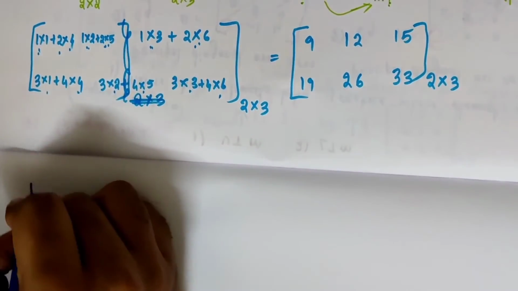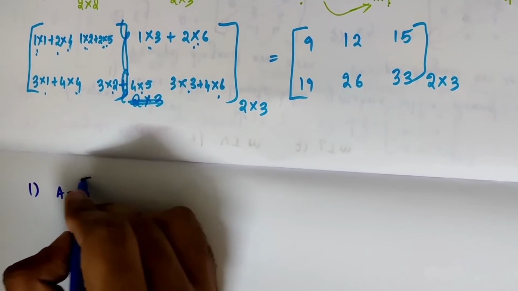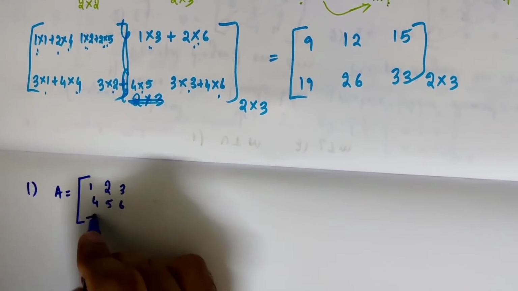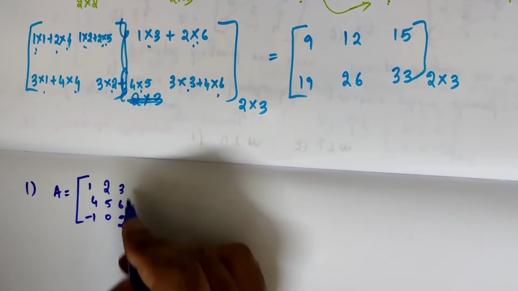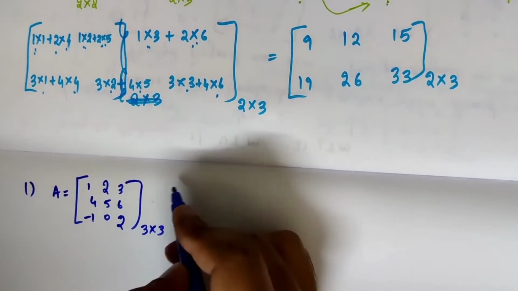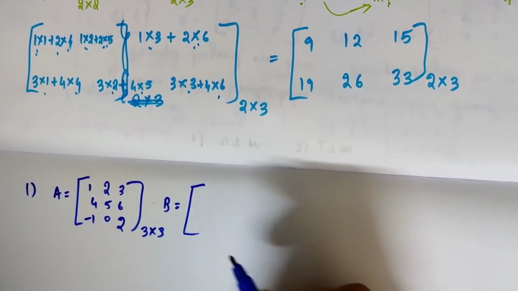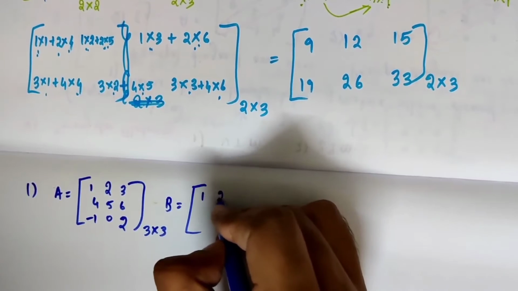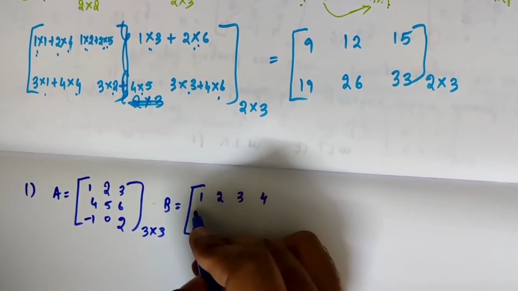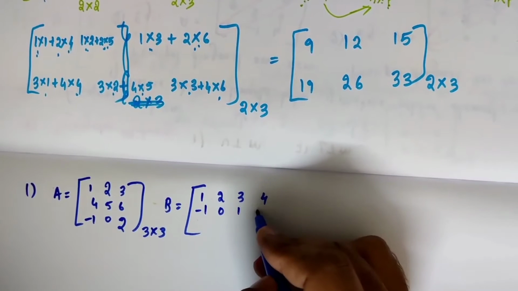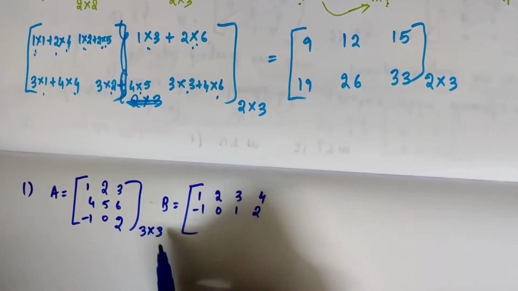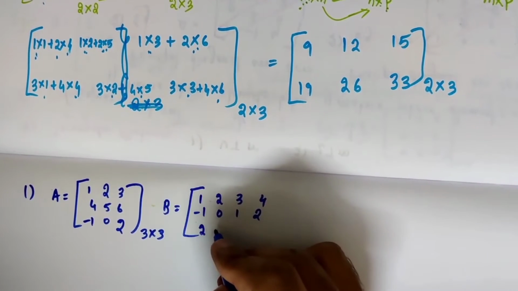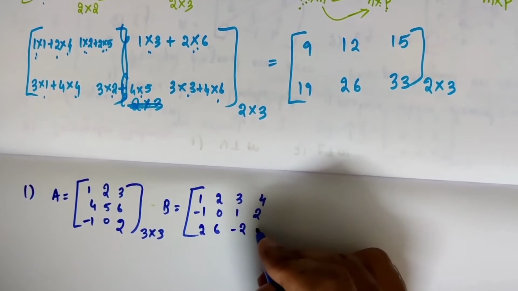Let us consider A equals 1 2 3 4 5 6 and minus 1 0 2, a 3 by 3 matrix. Then B equals 1 2 3 4, minus 1 0 1 2, then 2 6 minus 2 1.